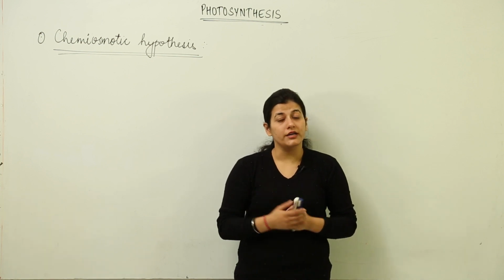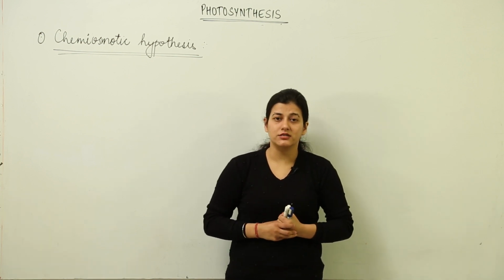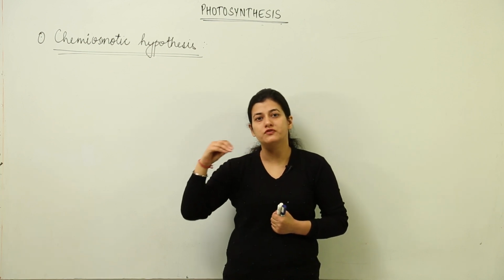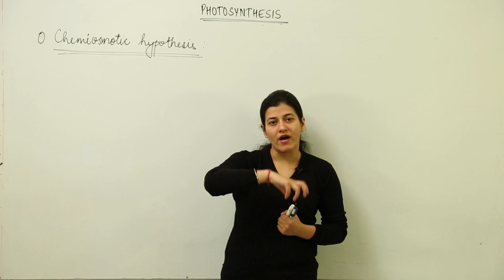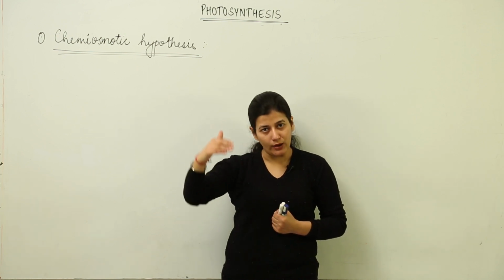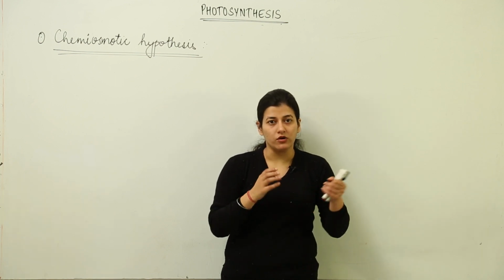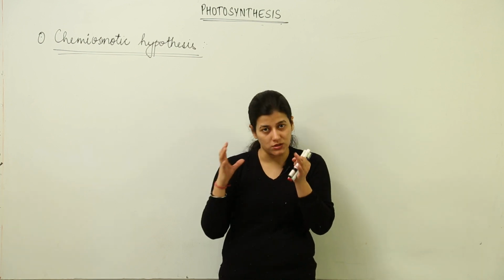If you cannot recall it, better do it, because that is the topic where we had studied how electron moves from one place to another, from one acceptor to another acceptor down the gradient, and in process the ATP is generated in the end because there is pumping of protons.